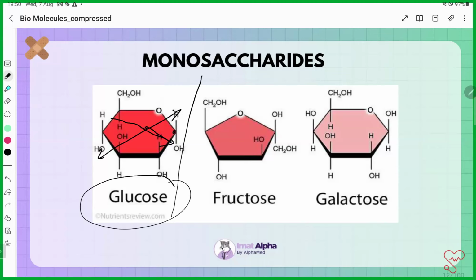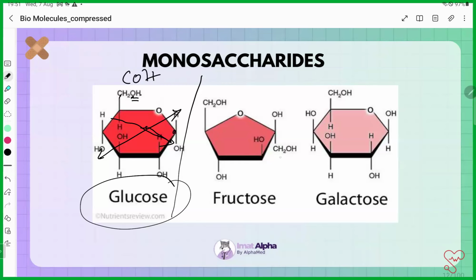And as we said, the glucose is a hexose because it has six carbons. Plus, it's an aldose. If you see here, COH, which is here, COH. As we said, fructose is a ketose, so it has a CH2.